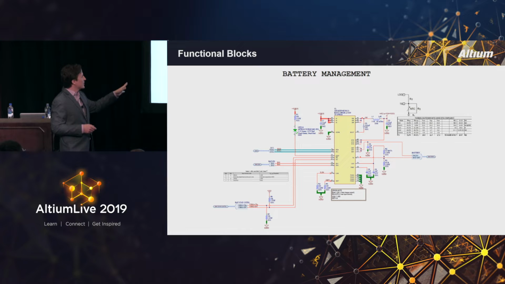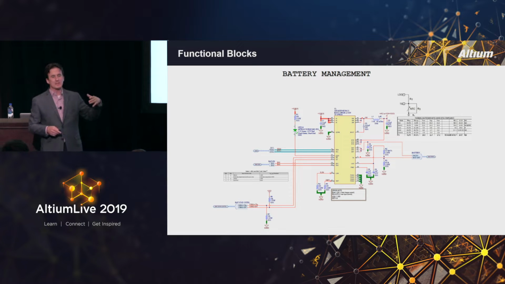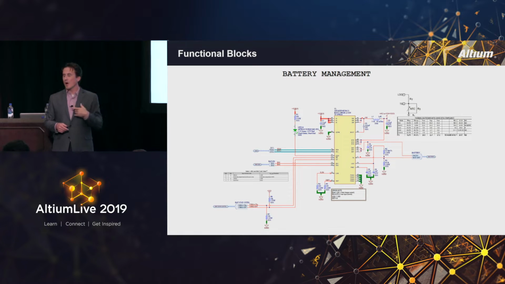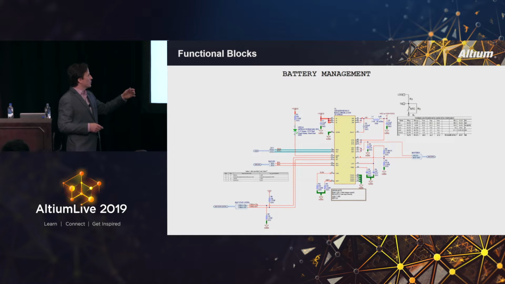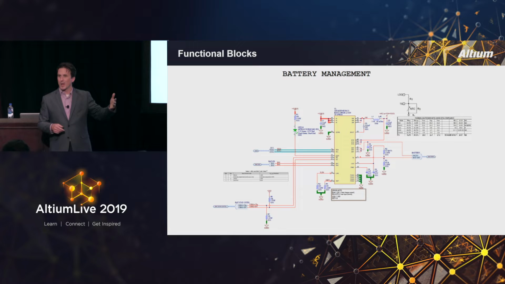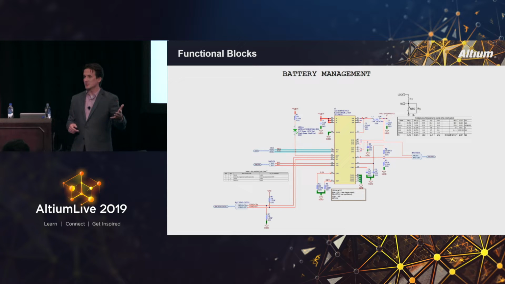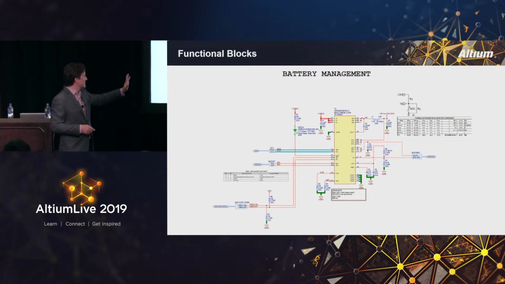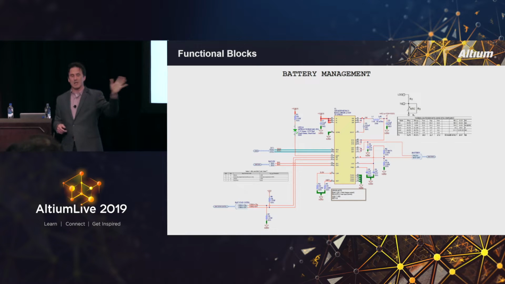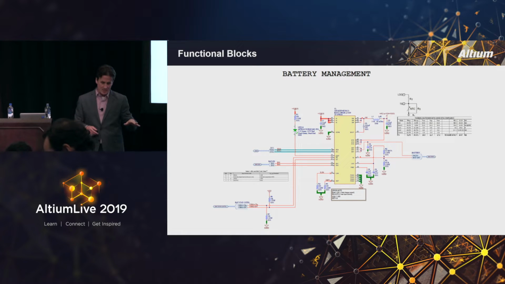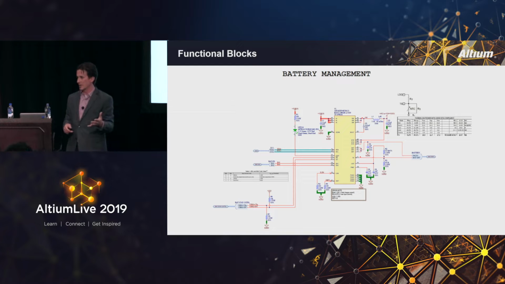But the other thing I would say about notes in schematics is that they help me. As I'm going through prototyping and I need to make adjustments to some of the things that are flexible in my circuit, for this one, this is a gas gauge, and it's a charge management IC, I've got resistors on here that set certain current limits.